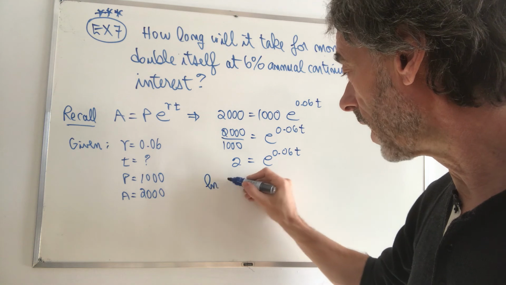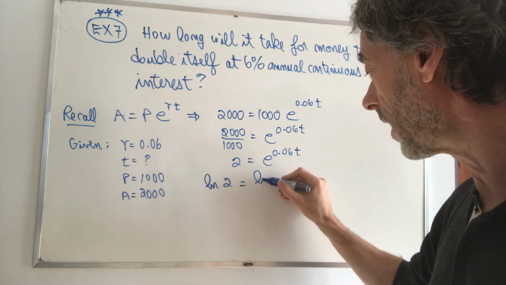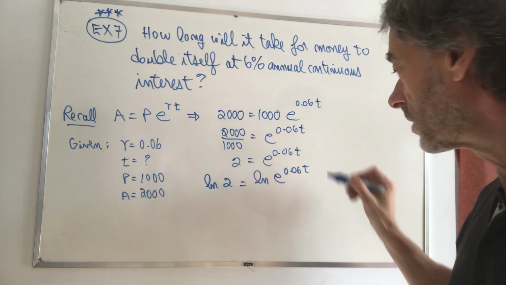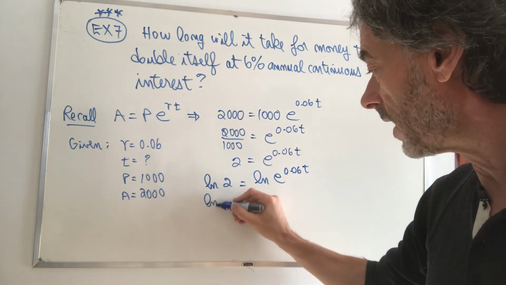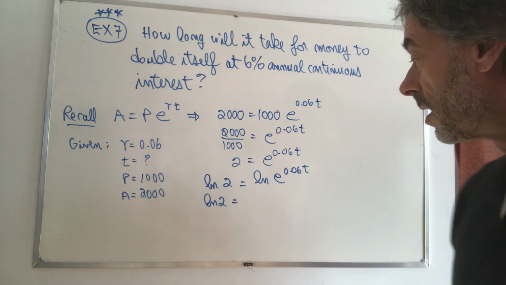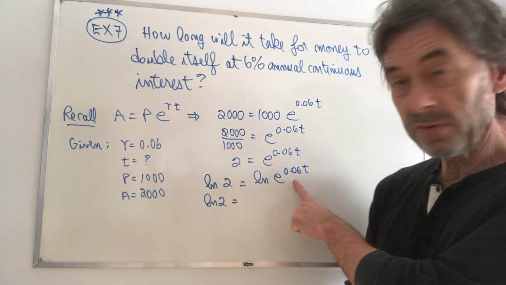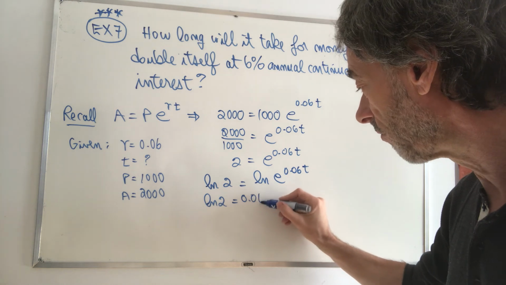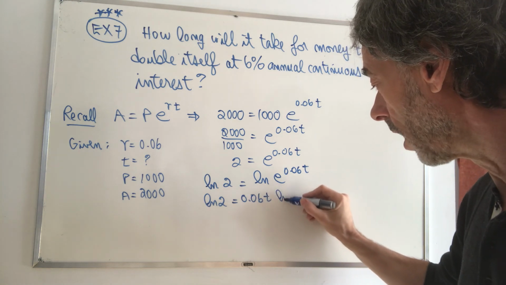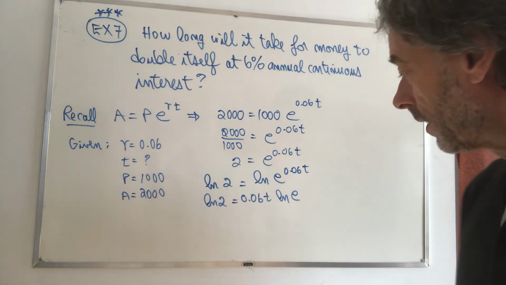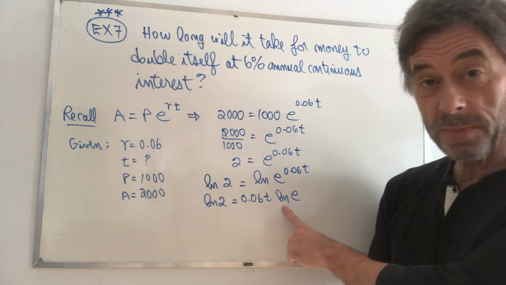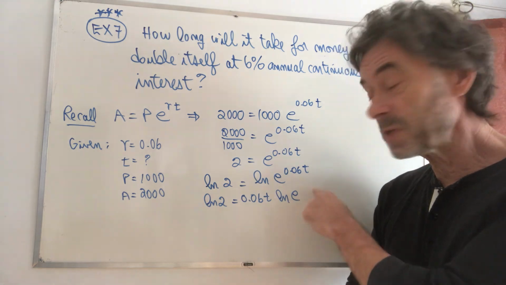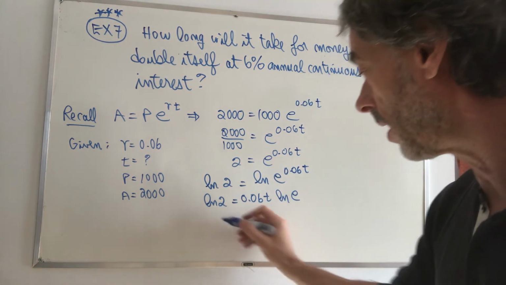Let us take the ln on both sides. Ln of e to the 0.06t. That means that ln 2 is equal to, remember that property number 3 of logs? I can take the exponent and bring it in front of the log. Now, ln e is log base e of e. When the base is the same as the inside, it's equal to 1.